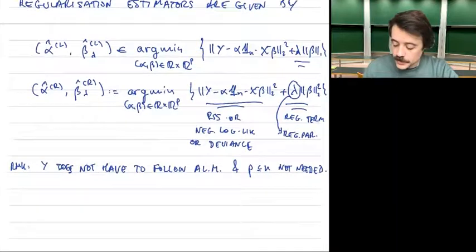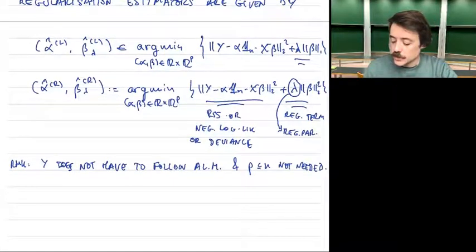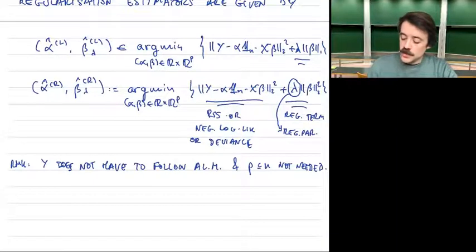So let me now comment on this last bit. What we're saying here is that we allow for more parameters than data points. So that's the usual high dimensional statistics. Let's focus on ridge for a moment.